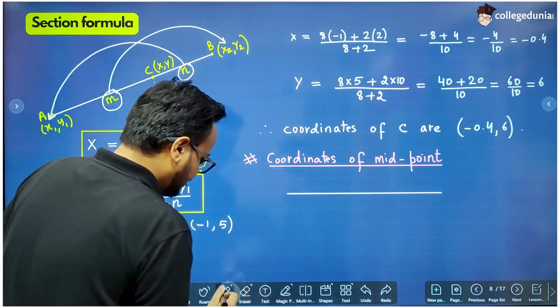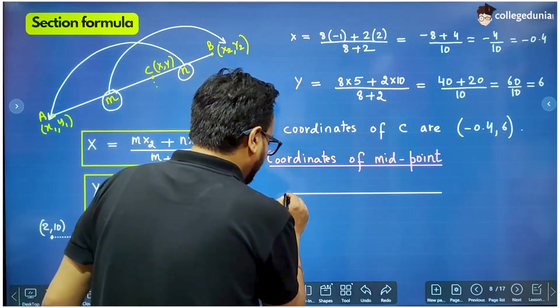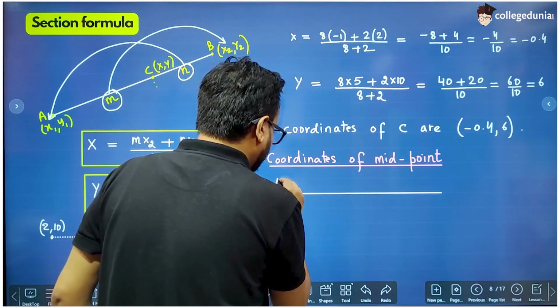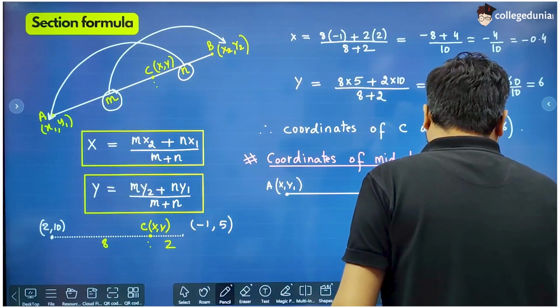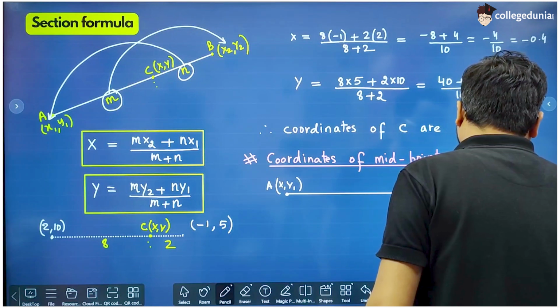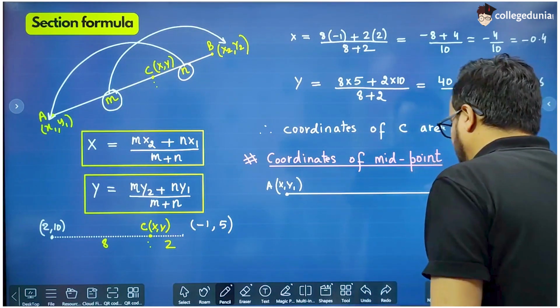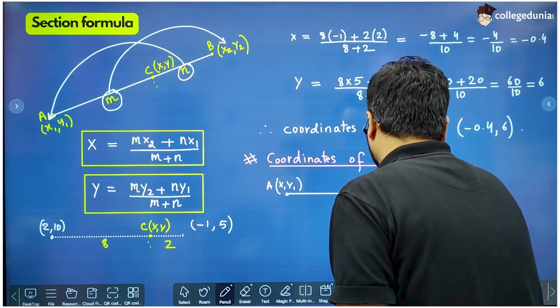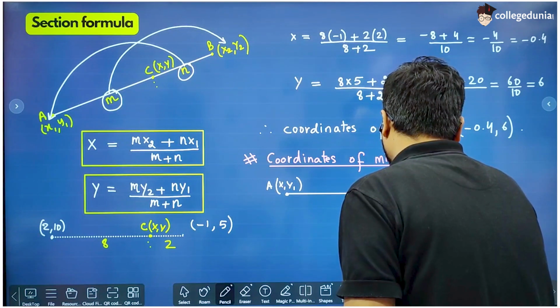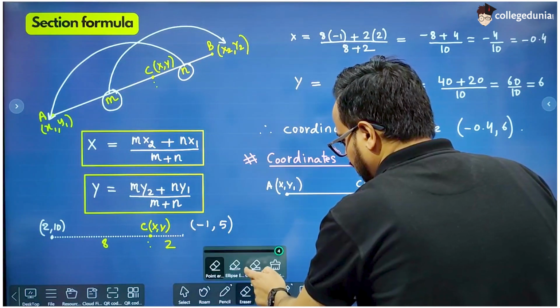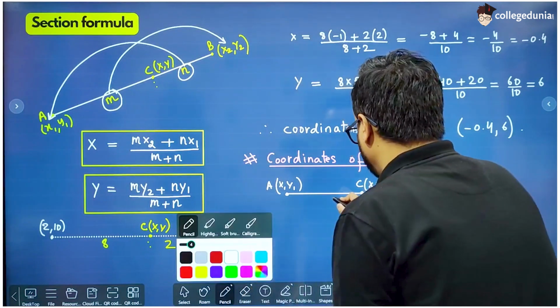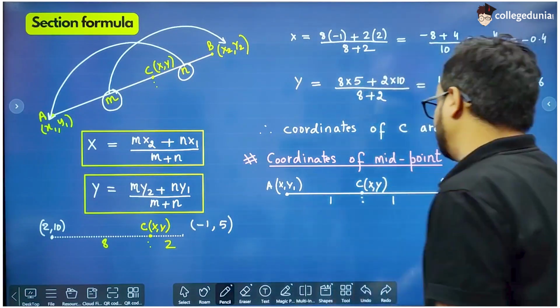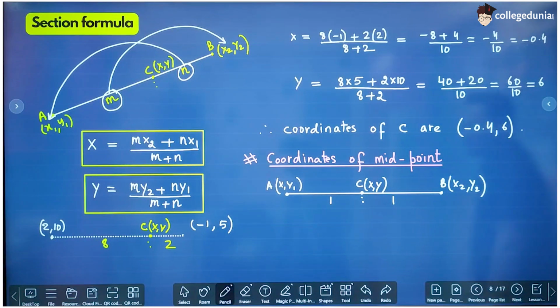Let us say we have 2 points A and B. A is x1, y1 and B is x2, y2. And we have to find the coordinates of this point C, which lies exactly in the middle of A and B. So if it lies in the middle, then obviously it is dividing AB in the ratio 1:1.